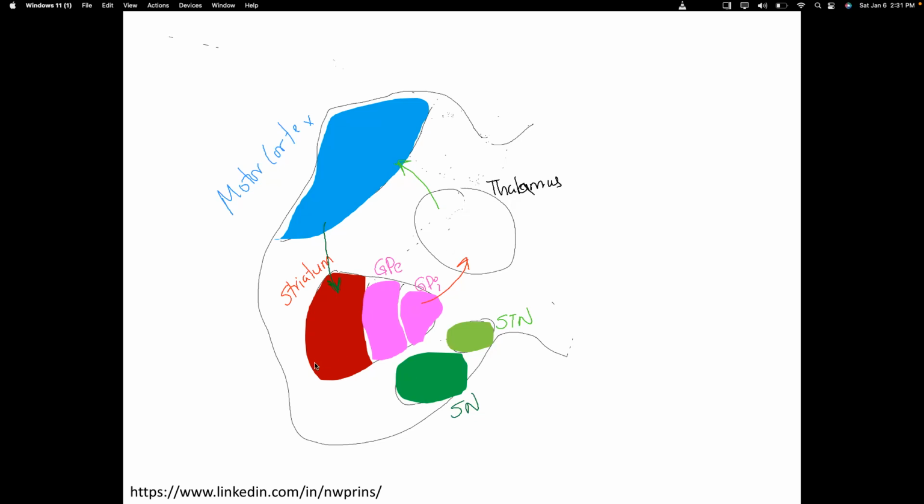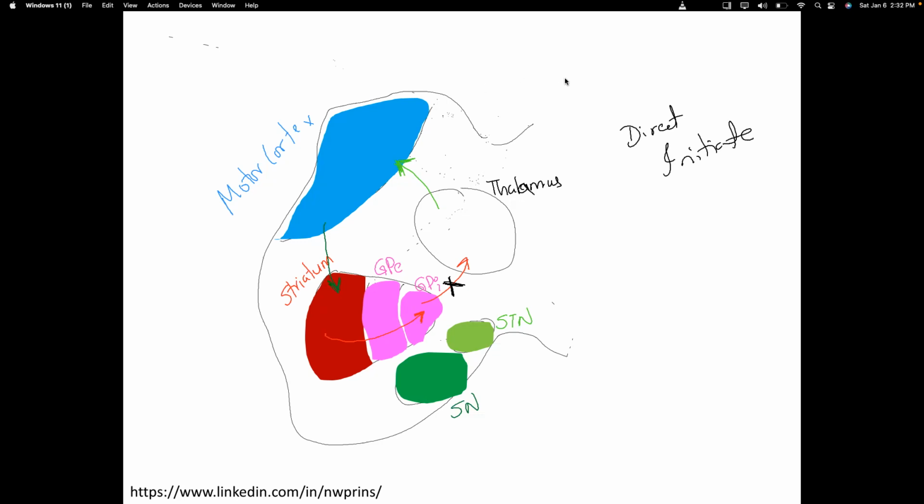The striatum has a projection to the GPI, which is inhibitory. So in other words, the activity of the GPI is inhibited, which means this connection is inhibited. The activity of the thalamus is going to be increased. There's an inhibition of the inhibition, like a double negative. So then we have activity of the motor cortex. This is the direct pathway. Think of the direct pathway as initiating movement.